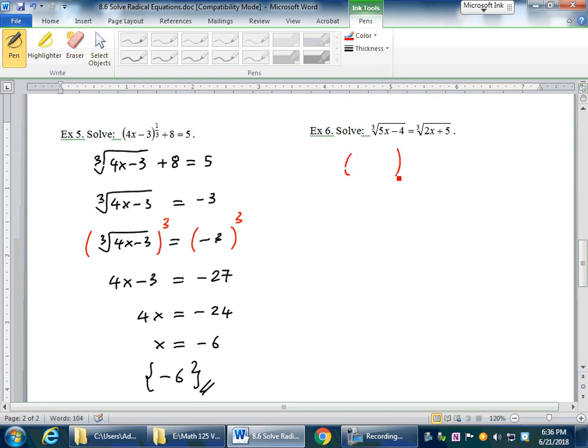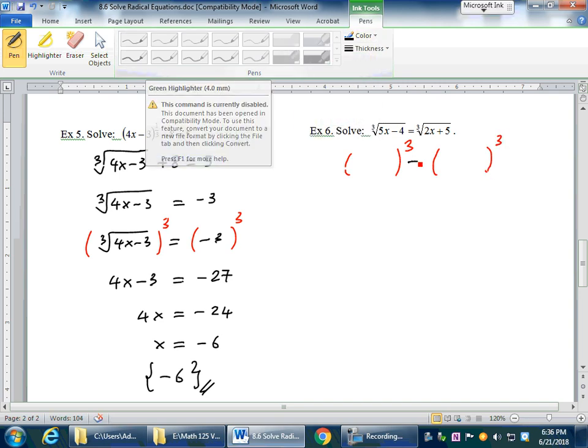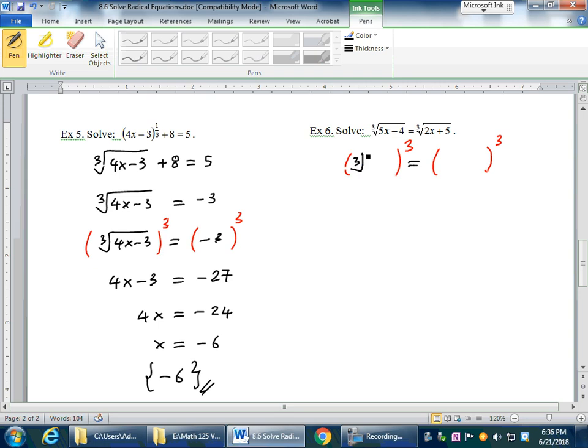So the next step is to raise the power the same as the index. So we raise both sides to the 3rd power. This gives us 5x minus 4 is equal to 2x plus 5, which ends up as a linear equation that we can easily solve.